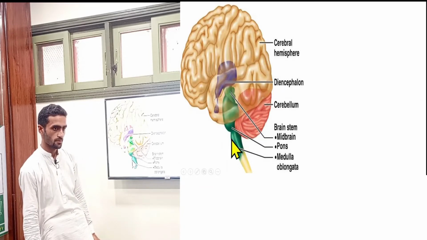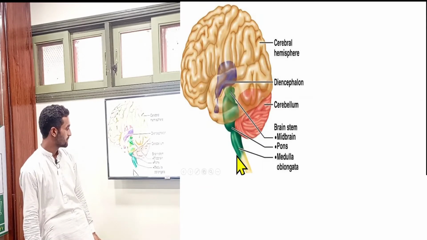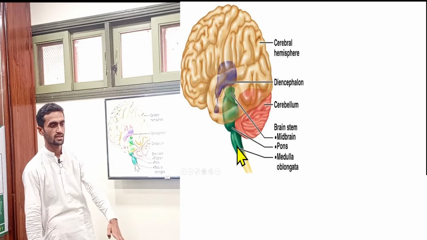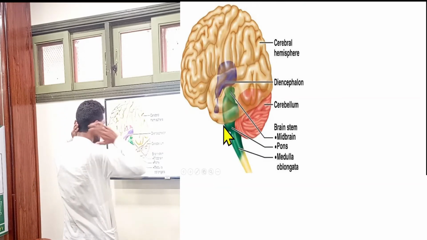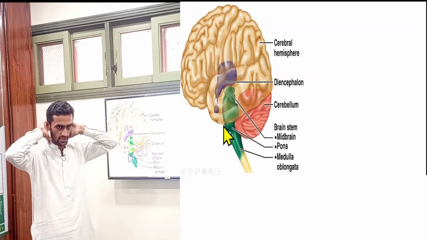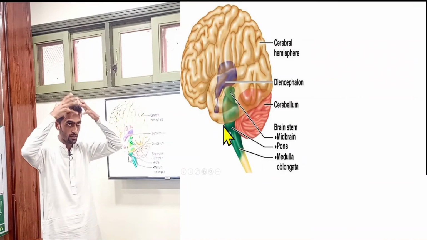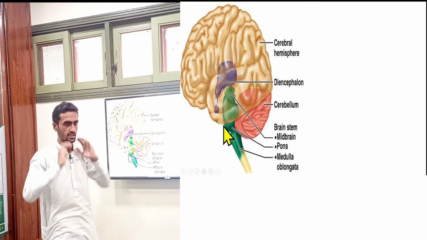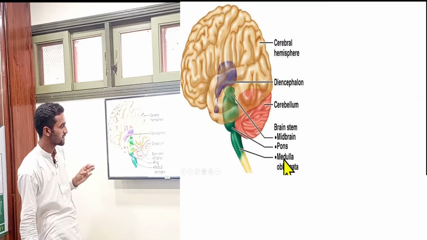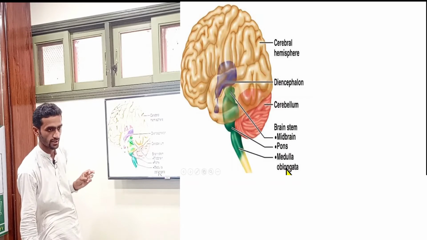Midbrain, pons, and the medulla oblongata, which continues with the spinal cord. On the back of that, you will see the cerebellum. So here is the cerebellum. Here is your cerebrum, and here is the brainstem, which has three parts: midbrain, pons, medulla oblongata.